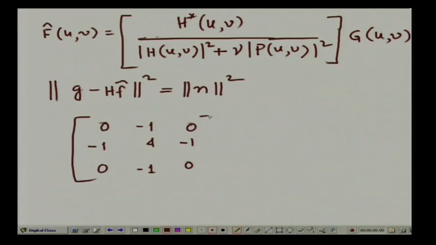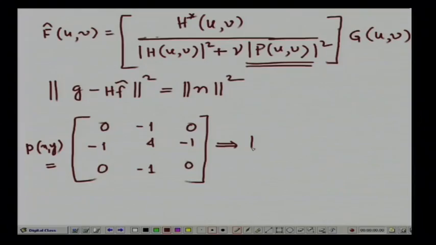So, this is my p x y, and P u v is nothing but the Fourier transformation of this p x y. You can easily identify that this is nothing but the Laplacian operator mask that we have already discussed in our earlier discussion.